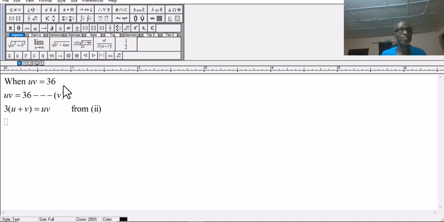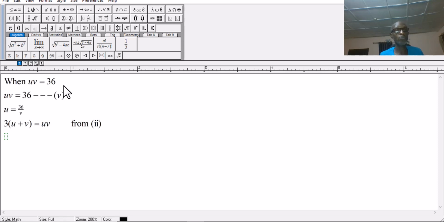Now I can put any of these values. From this I can say that my u is equal to 36 over v.